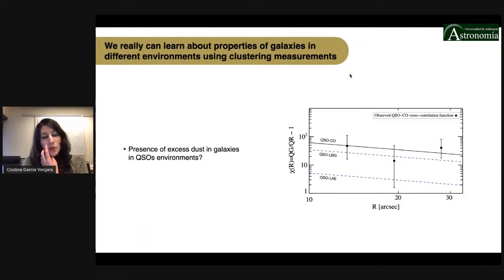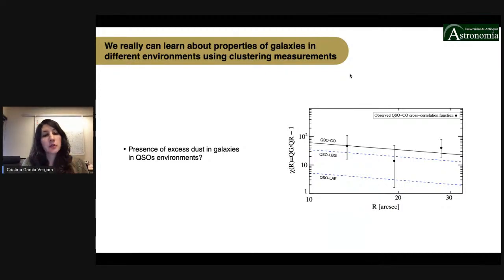Finally, I also showed you that using just clustering measurements, the autocorrelation function and cross-correlation function, we can make some statements about physical processes in the environment of some galaxies.